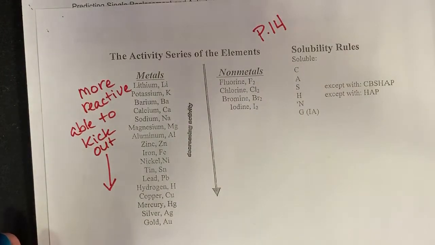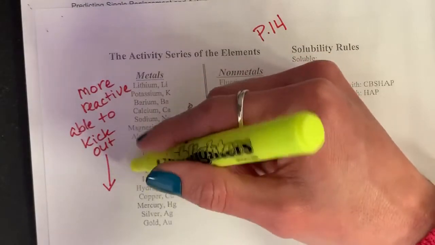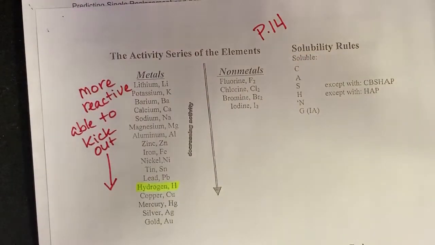Now there's one weird little exception on this list. Even though hydrogen is a non-metal, he will behave as a metal in single replacement reactions, which is why he's on the left side of that column.